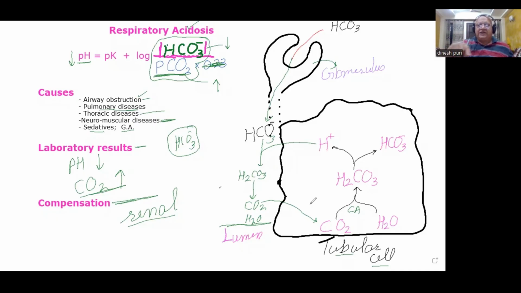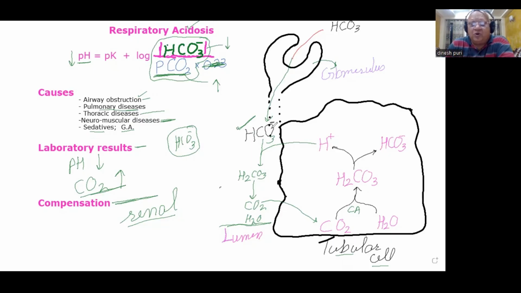So a vicious cycle is formed, but the net result is that bicarbonate is not getting eliminated into the urine. It has been reabsorbed, although indirectly, in the form of carbon dioxide. This mechanism we call bicarbonate reabsorption by the renal tubular cell.